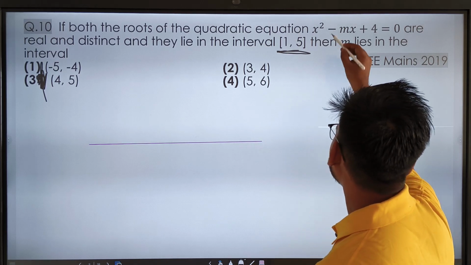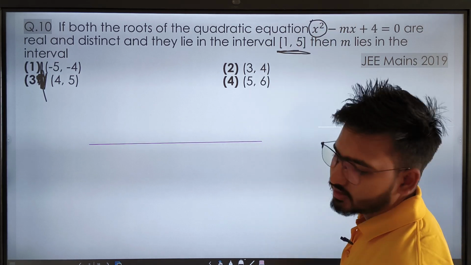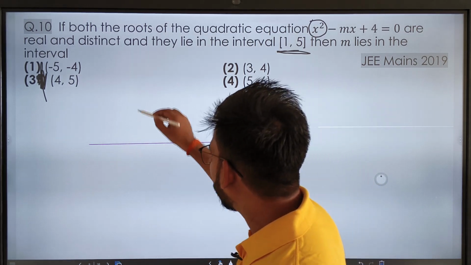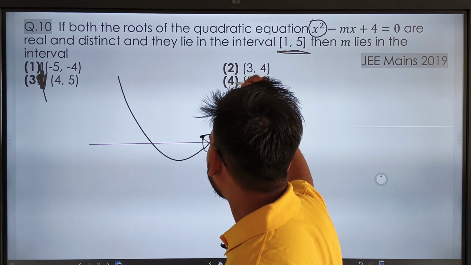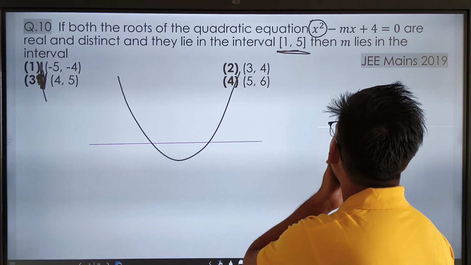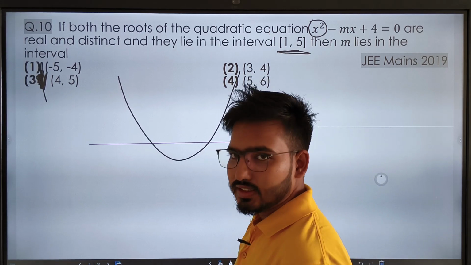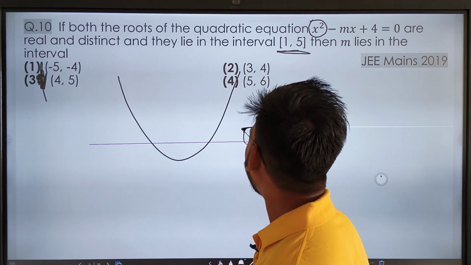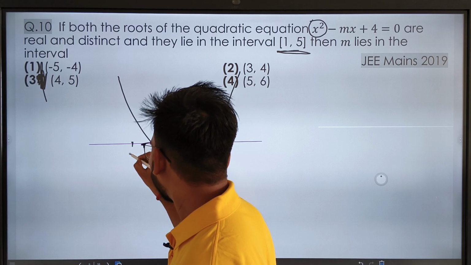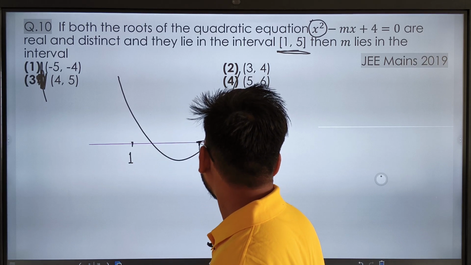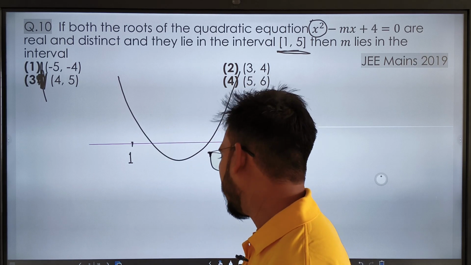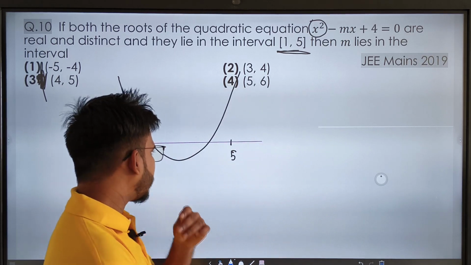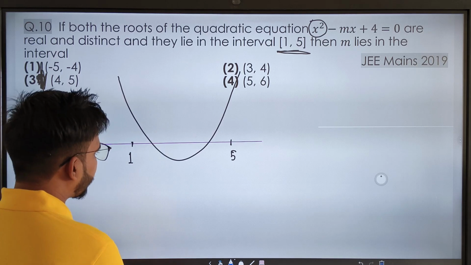The coefficient of x square is plus 1, which means the graph is going to be an upward parabola. Next, it is saying its roots are real and distinct, and they lie in the interval.